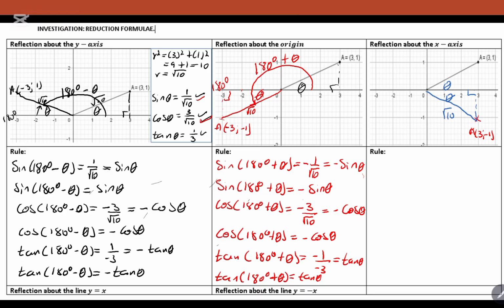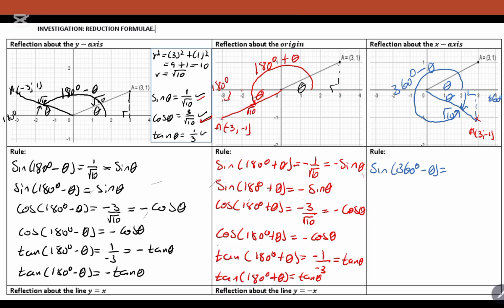Now, what is the size of this angle here? Since this angle here is theta, once it has come to the horizontal surface here, it would have completed a revolution of 360. So this angle here is 360 degrees minus theta. So what is sine of 360 degrees minus theta?